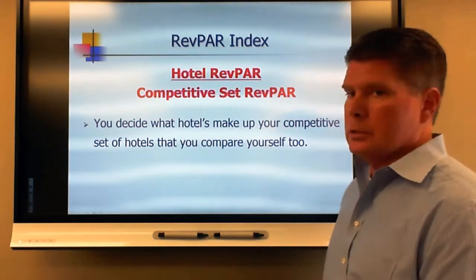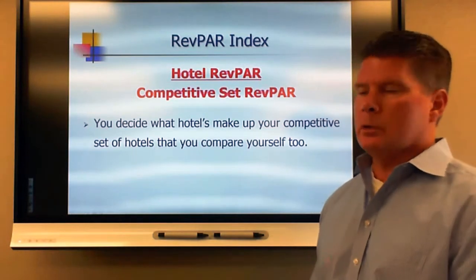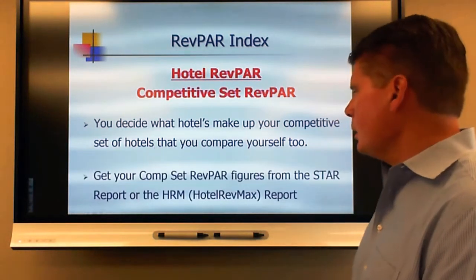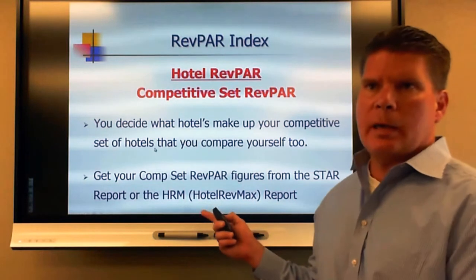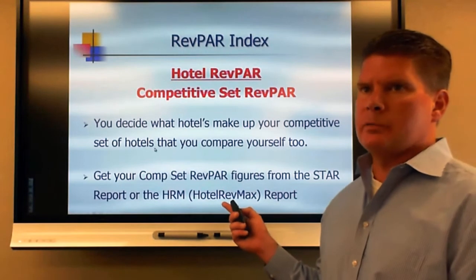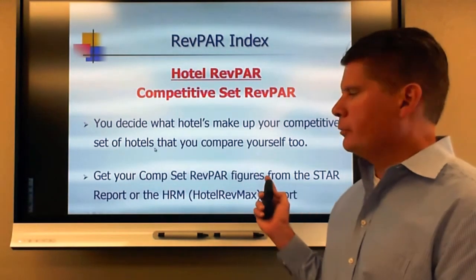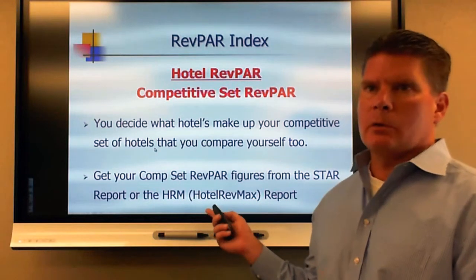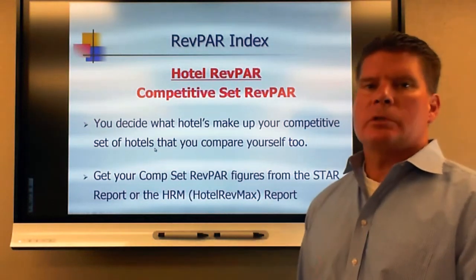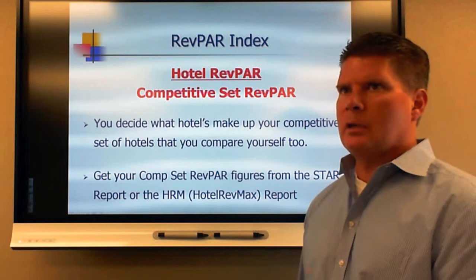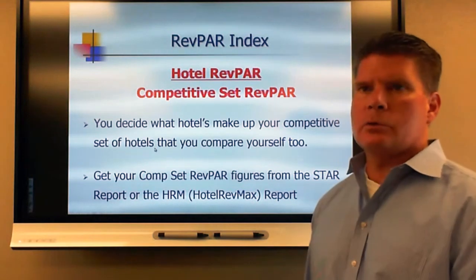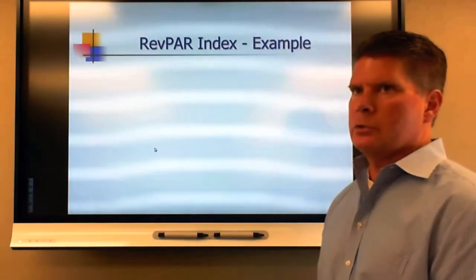Your RevPAR index is going to be high, but it's not realistic. There are multiple ways that you can get the RevPAR from your competitive set. One's the STAR report from Smith Travel Research, and the other is Hotel RevMax. This is readily available information that you can usually contract with Smith Travel Research to obtain.